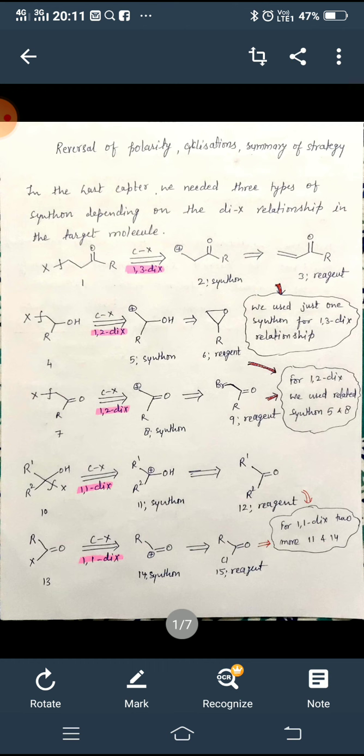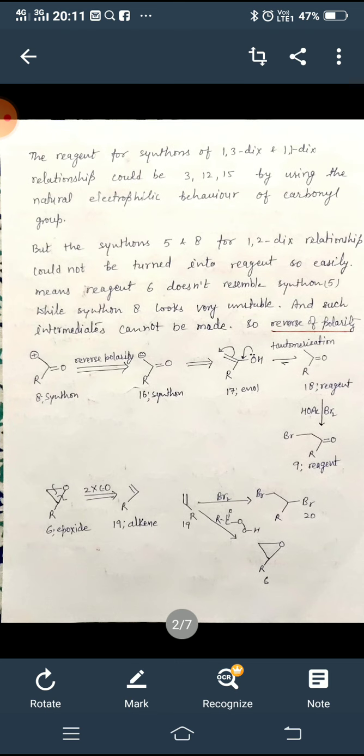Reagent number 6 does not resemble synthon 5, while synthon 8 looks very unstable and such an intermediate cannot be made. That's why we need reversal of their polarity. We have to change the polarity of the synthons.